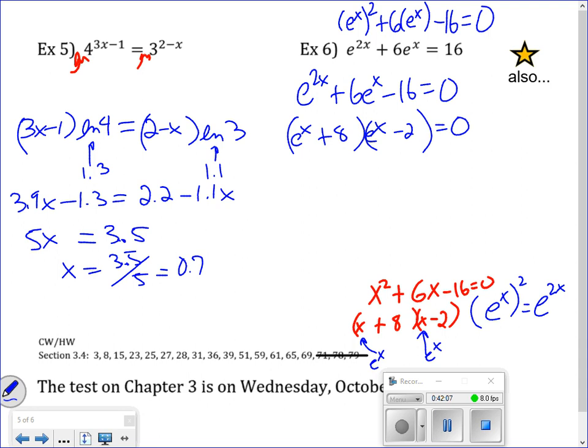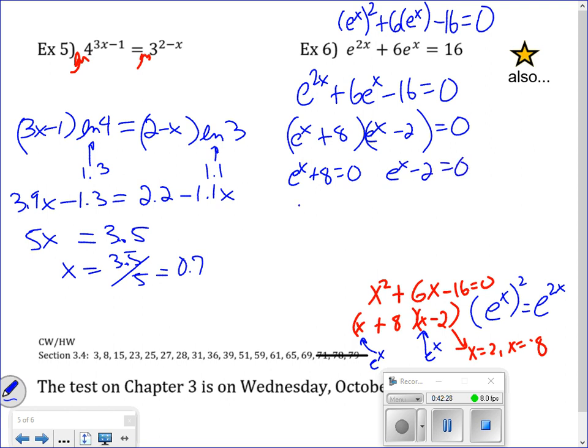Okay. All right. And then remember, back in algebra, when you got these answers, didn't you go and say, oh, x equals 2 and x equals negative 8? You finished it? So that's what we got to do. So I get e to the x plus 8 equals 0, and I get e to the x minus 2 equals 0.